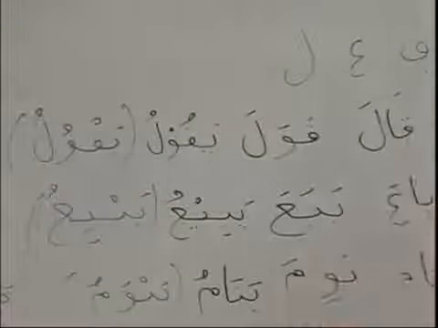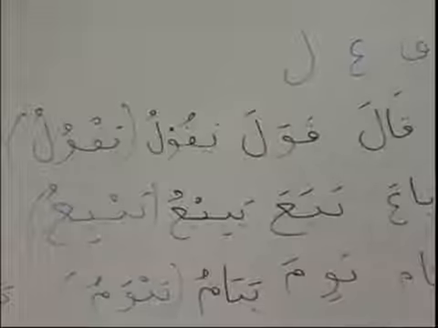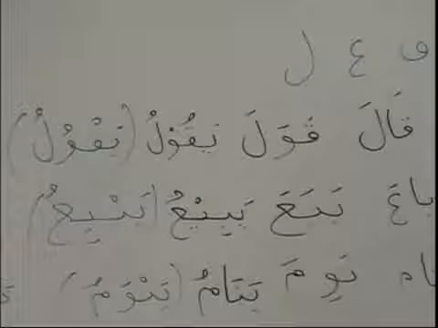Okay, brothers and sisters. Now, what happens? You start from ka'ala. Start conjugating ka'ala. Ka'ala, ka'alu, ka'alat, ka'alata, and then why kulna, brother?